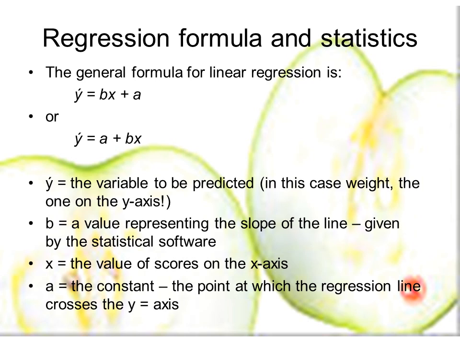And generally speaking, you can identify that on statistical software such as SPSS, but we calculated it ourselves on that previous slide. Times x, which is the value of the scores on the x-axis, plus a, and a is the constant, the point at which the regression line crosses the y-axis, which we identified on that previous slide.